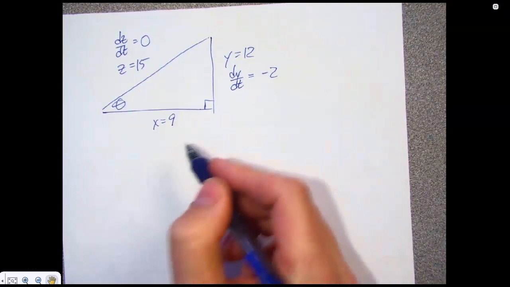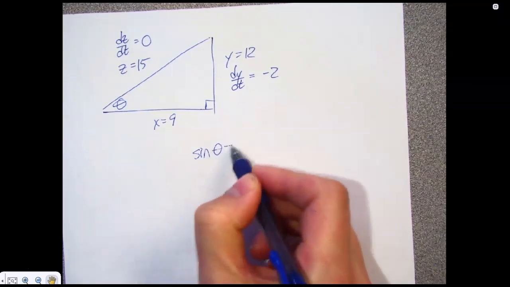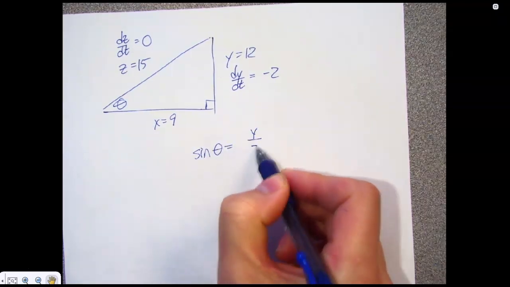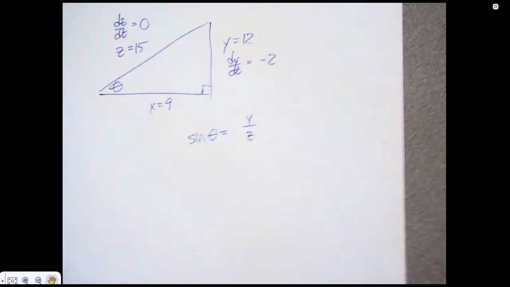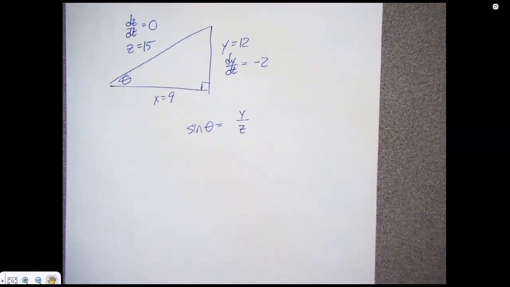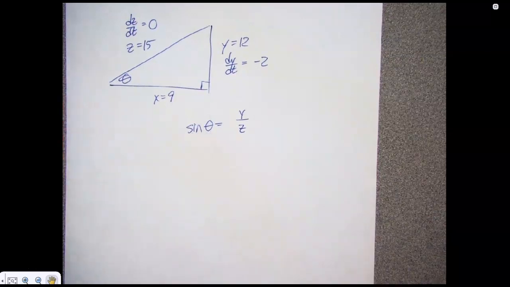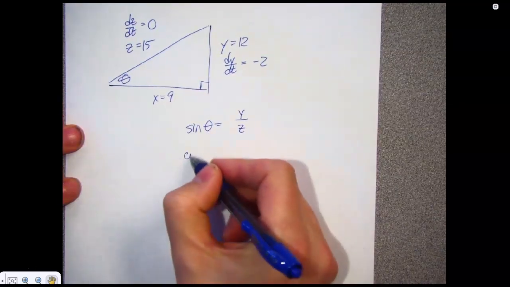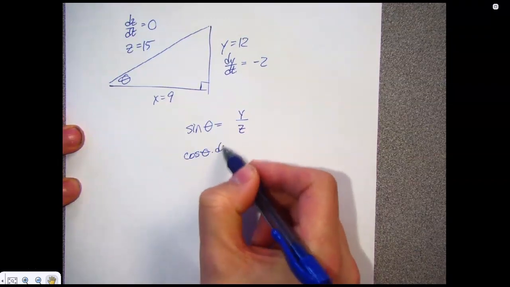Okay. So sine of theta equals y over z. We all good there? What's the derivative of sine of theta? Cosine of theta times what? d theta over dt.